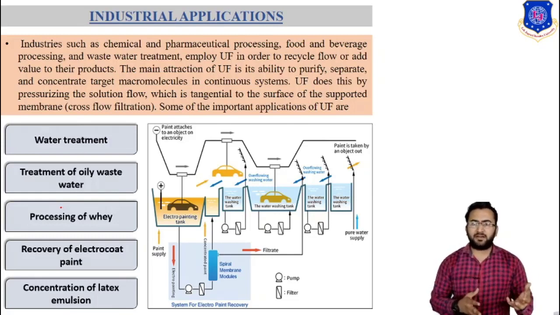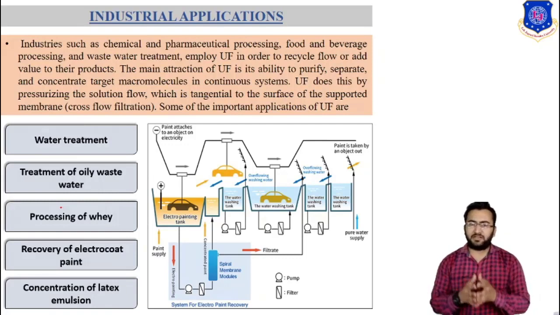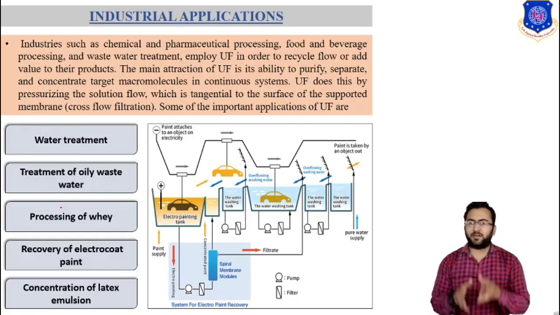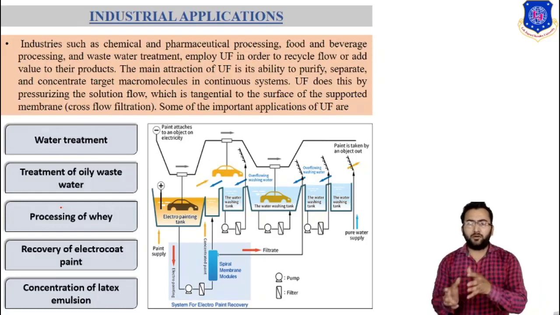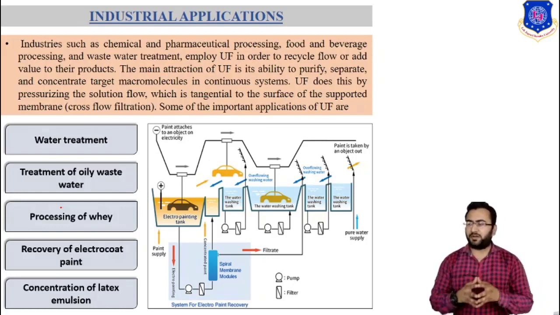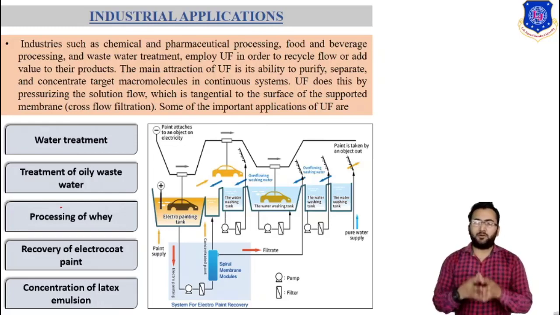One disadvantage is the drag-out loss of undeposited paint. Ultrafiltration allows the recovery of valuable paint, resins and pigments. Ultrafiltration helps maintain the required plant bath control, recovers more than 90% of paint drag-out and subsequently reduces the load on wastewater treatment. So this is how ultrafiltration is used for the recovery of electrocoat paint.